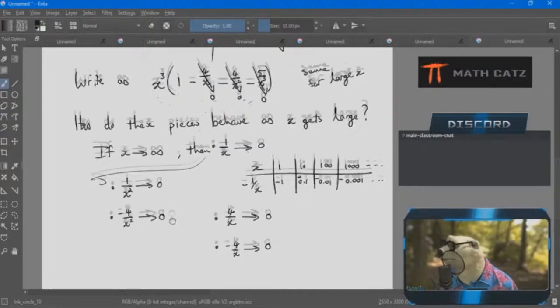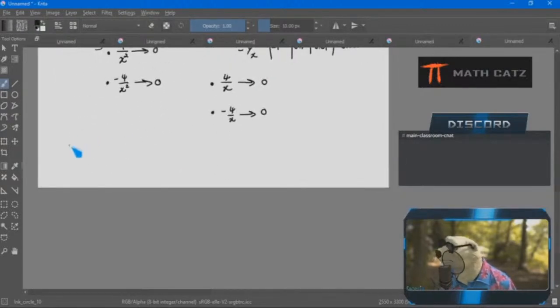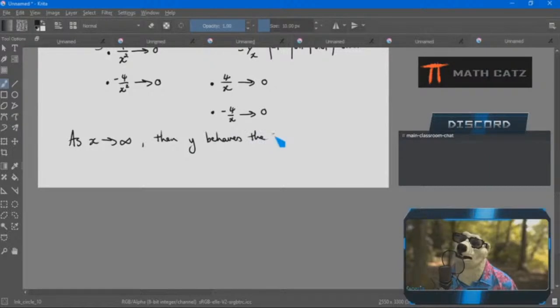We say that as x approaches infinity, meaning x grows bigger and bigger in size, then y behaves the same as x cubed times 1, because those are the only things that are left.